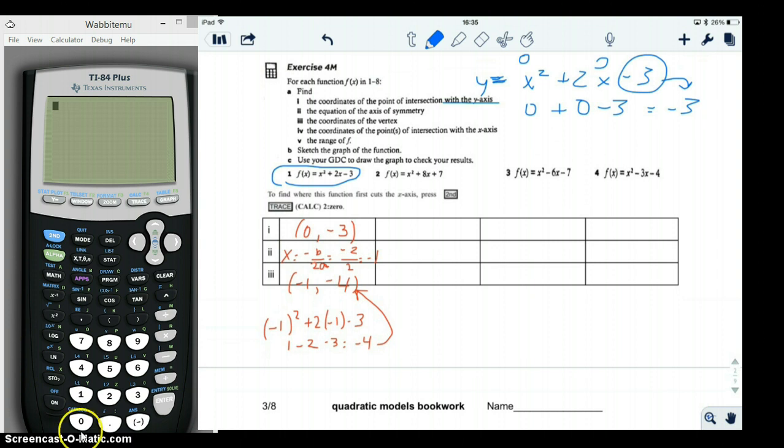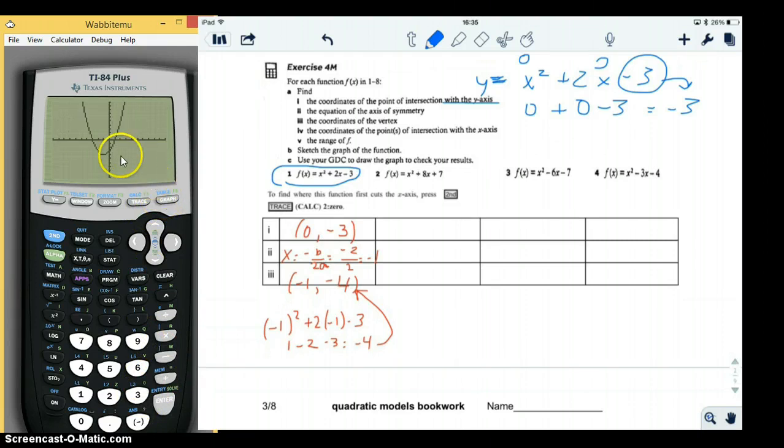And we could do this on the calculator too. Go into y equals again. We're going to turn that one off, and we're going to turn this one on. And we're going to put x squared plus 2x minus 3, and we're going to graph it.